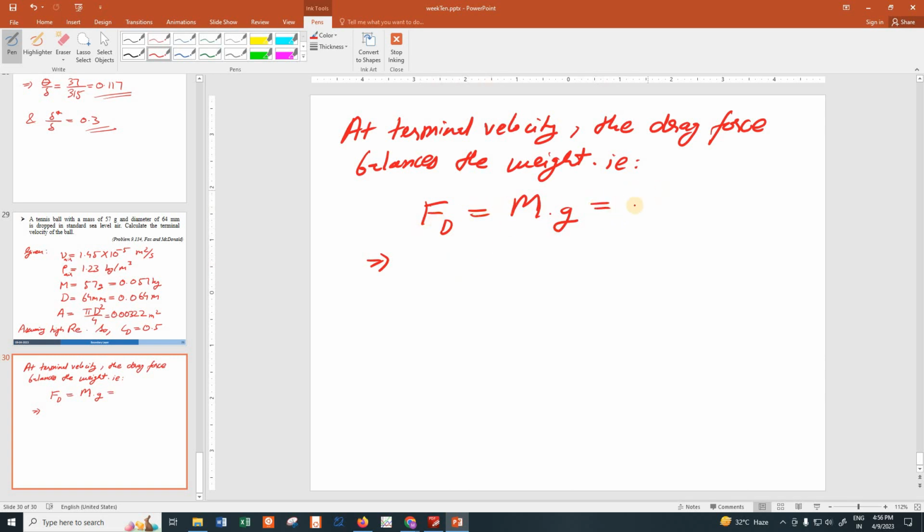Now this drag force is also given by the drag equation, which gives this terminal velocity, u t.